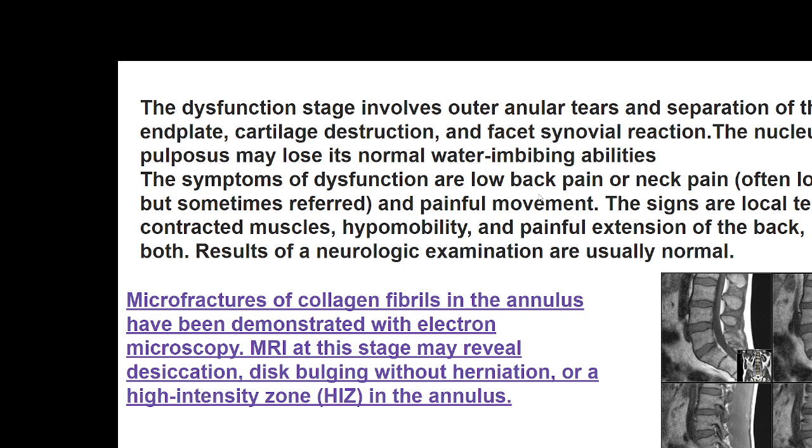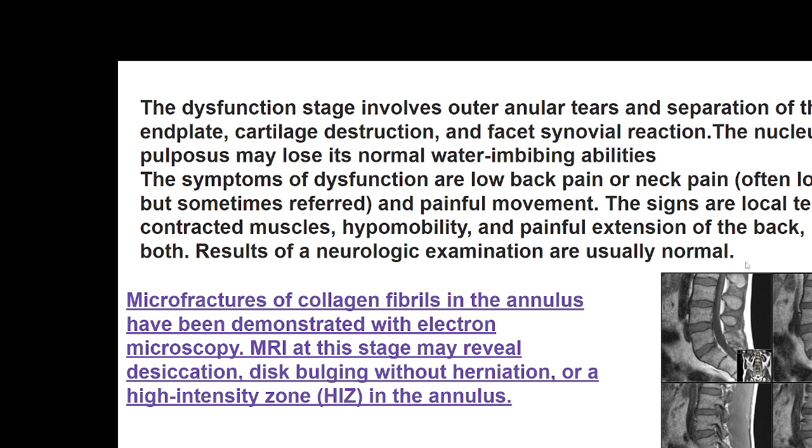At this stage, the clinical symptoms are low back pain, or neck pain if it is in the cervical vertebrae. There is pain during movement, while in the resting condition and in certain positions there is not much pain. There will be local tenderness, the muscles will be contracted, and the range of movement would be lesser.